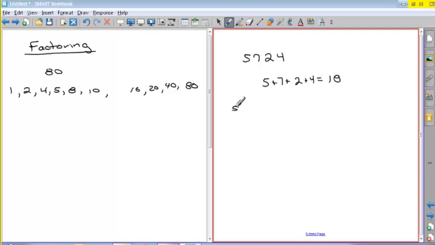And then you'll say since 18 is divisible by 3, 5,724 is also. Okay, so you could say yes, it's divisible. This is the reason. This is the logic.